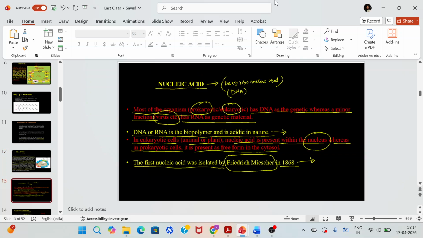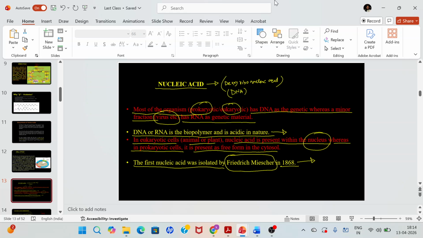Okay, next we learned about the nucleic acid. What are nucleic acids and how are they formed? So most of the organisms, either prokaryotic or eukaryotic, have DNA as a genetic material inside them. Okay, genetic material means that material which contains all of the information about an organism.